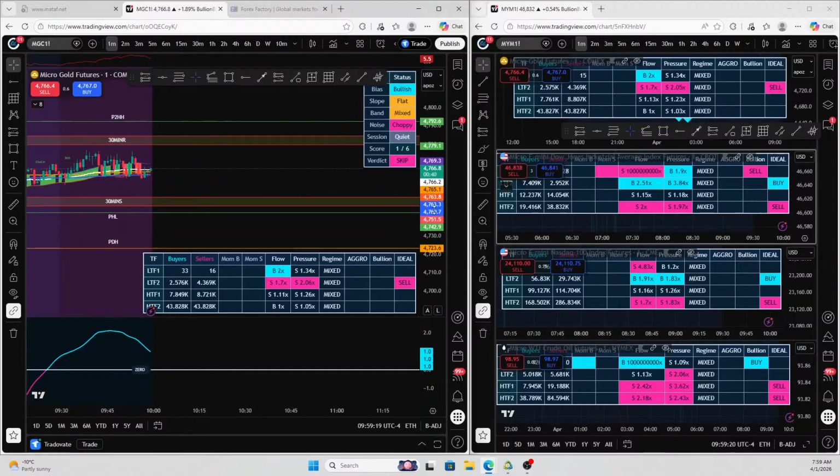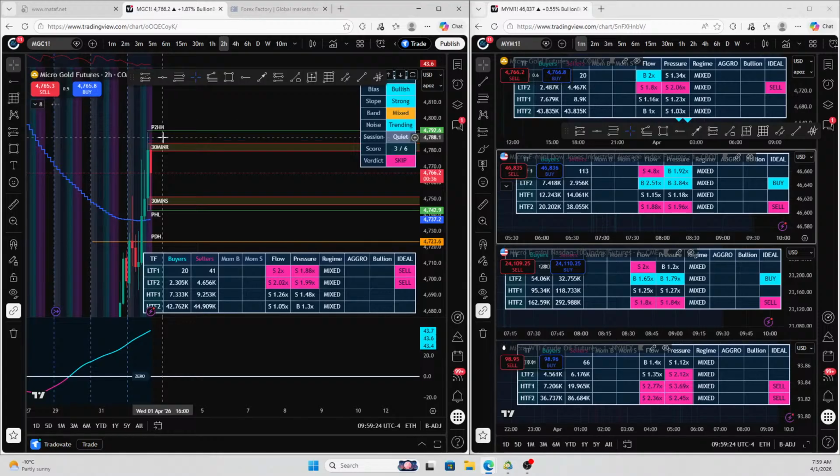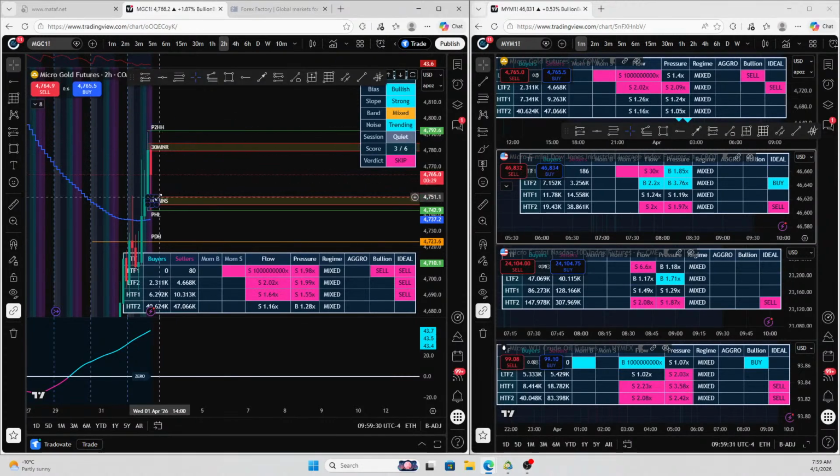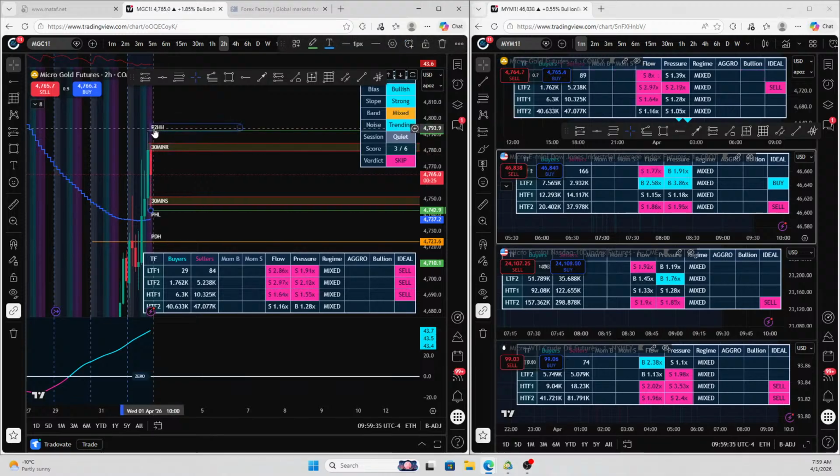Next we want to see our 2-hour high. Two-hour candle ends in like 34 seconds. So this is going to be our new 2-hour candle.